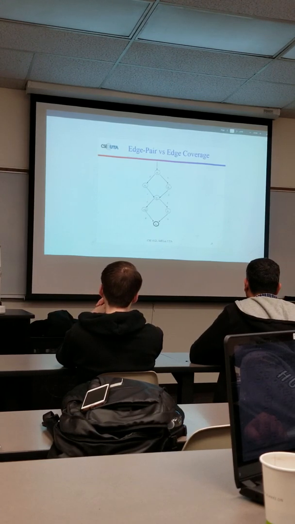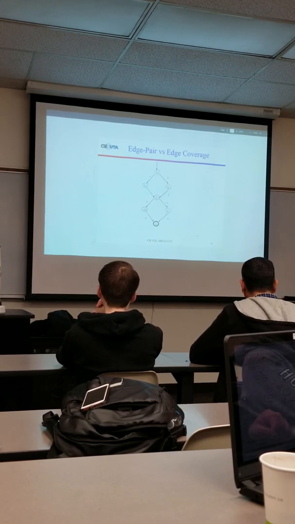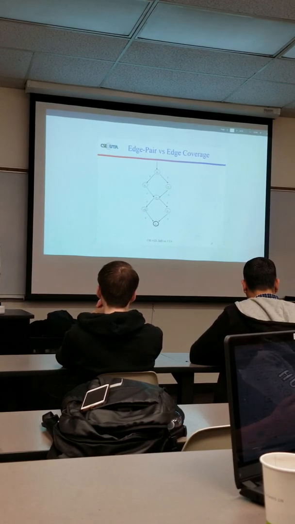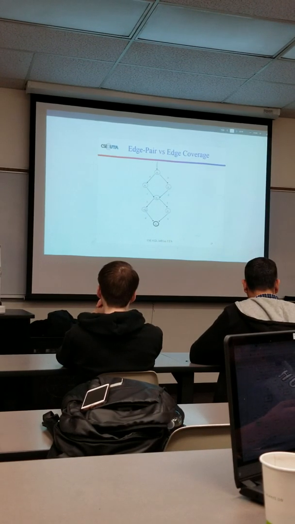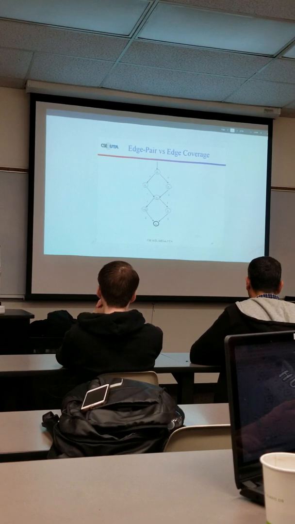You can say A, C, E, G. This would be one test path, right? That covers 4 edges in the graph. I can select a second test path.